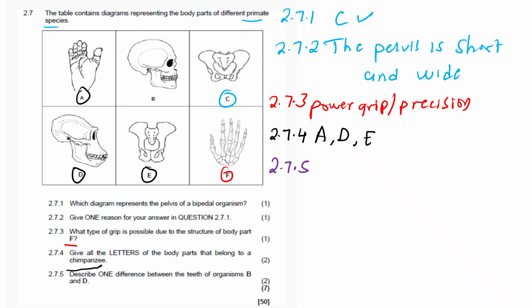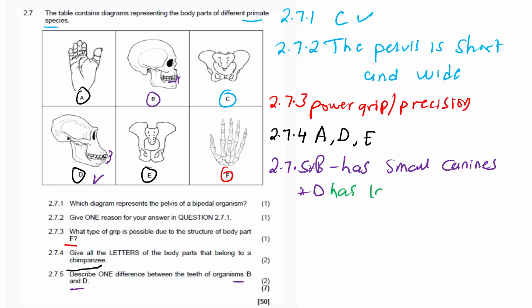2.7.5. Describe one difference between the teeth of organism B and the teeth of organism D. The difference is that organism B has small canines, while D has large canines.